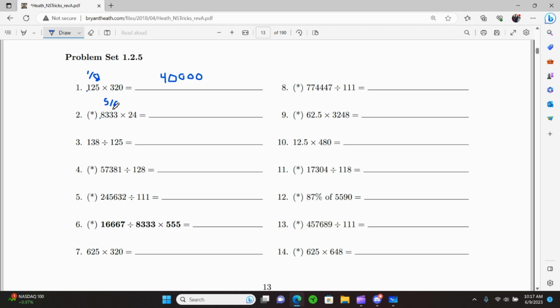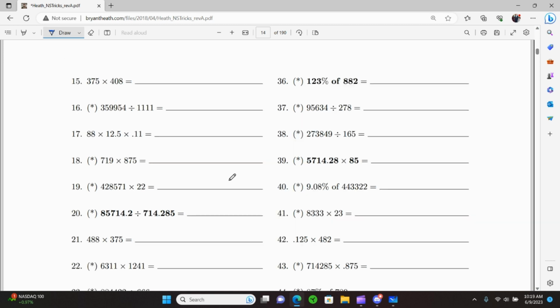So how would I solve this problem? Well, first I would divide 24 by 6 to get 4, and then I would multiply it by 5 to get 20. And then lastly, just like the previous problem, I need to shift this back over 4 decimal places, 1, 2, 3, 4, to get my answer of 200,000.